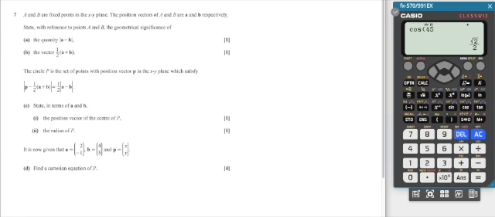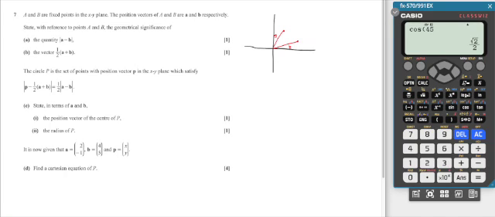So let's have a quick see what we got. So I've got A, which is there, and I've got B, which is there. There's my vector A, and there's my vector B. So what happens if we do minus B plus A?